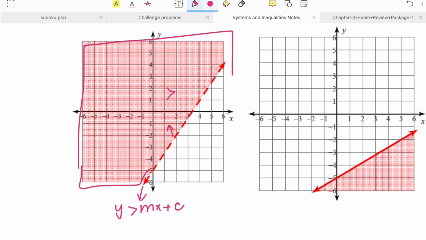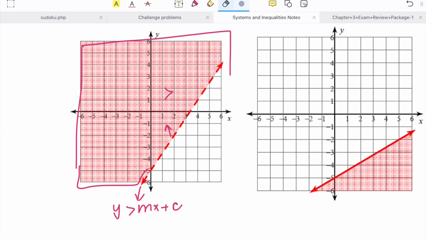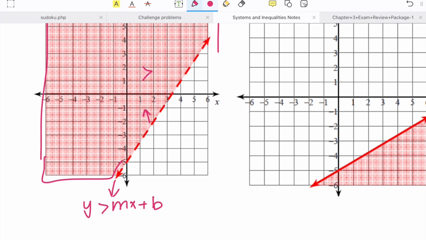So we know that. Now to figure out your c or your b, which is your y-intercept, that's when x is 0, right? So that will be this point over here, because that's the point where x is equal to 0. So we know b is equal to -5.